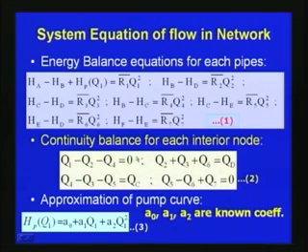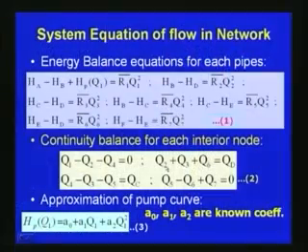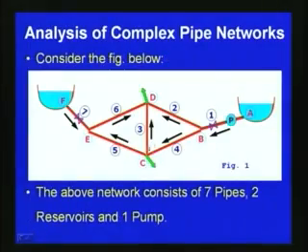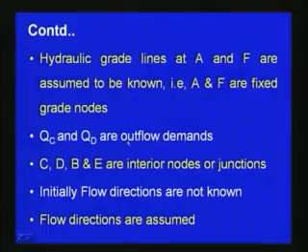So, Q1 minus Q2 minus Q4 is equal to 0, and then Q2 plus Q3 plus Q6 is equal to QD, since there is an outflow at D, and Q4 minus Q3 minus Q5 is equal to QC, since there is an outflow at C, and then Q5 minus Q6 plus Q7 is equal to 0. So, with respect to each node we have written 4 equations like this.